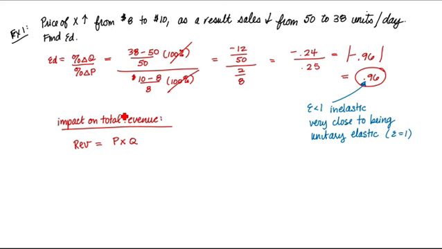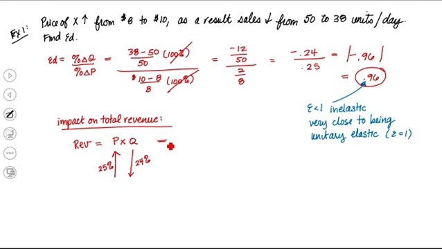So the impact on total revenue: we see that price goes up by how much? 25%, right? 0.25 is 25%. And quantity goes down by 24%, right? Do you agree with that?